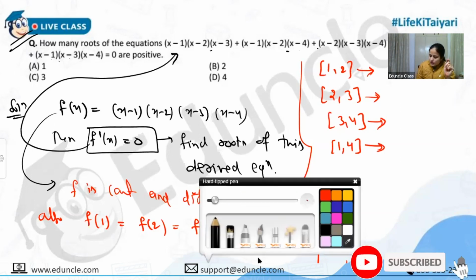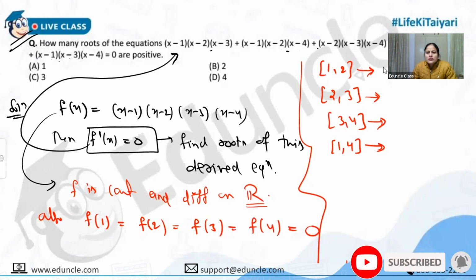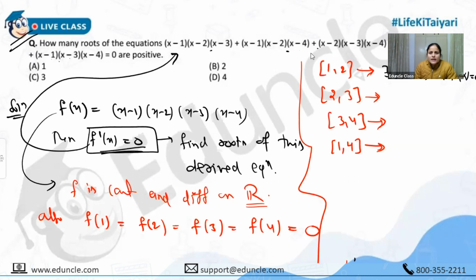ठीक है जी, चलिए ओके. So according to Rolle's theorem, there exists a point, say alpha, belonging to 1 to 2, such that f dash at alpha is equal to 0. ठीक है, मतलब इस इक्वेशन का एक रूट मिल जा रहा है. One root of this equation lies between 1 and 2.